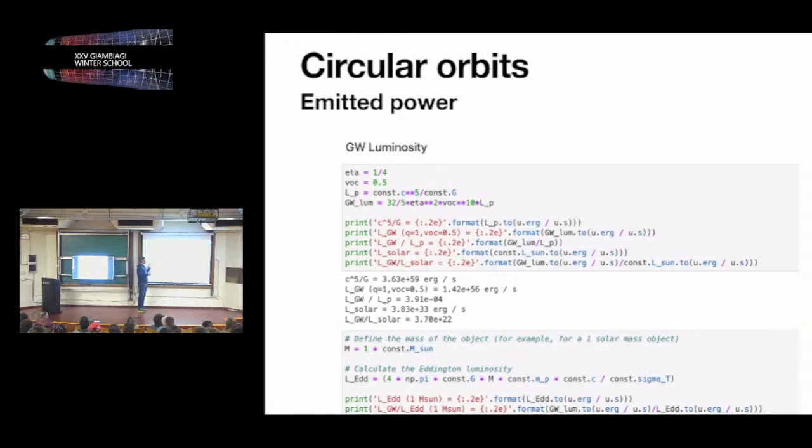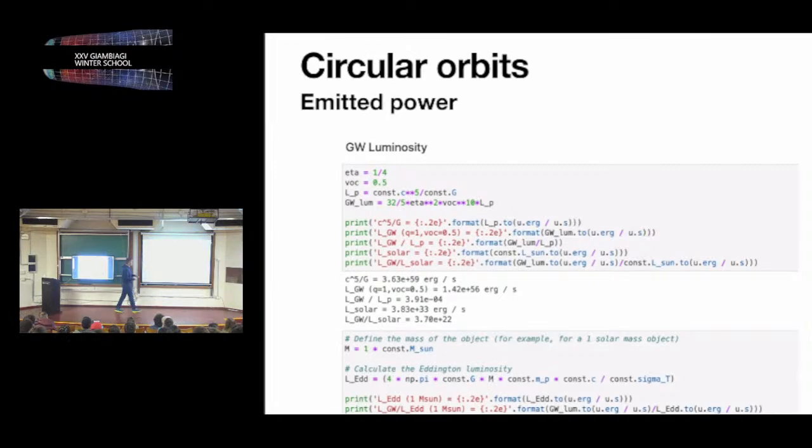Here are some examples of what this is in the units astronomers use, ergs per second. It's 10 to the 59 ergs per second. You can compare this with other things, like the luminosity of the sun, which is about 10 to the 33 ergs per second.